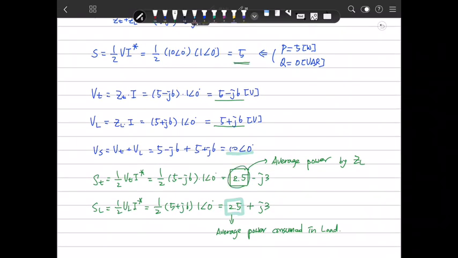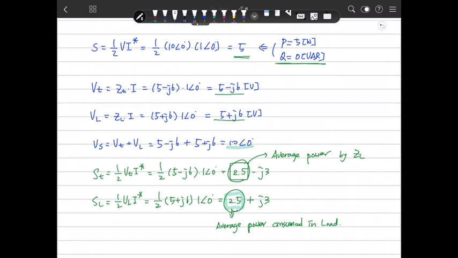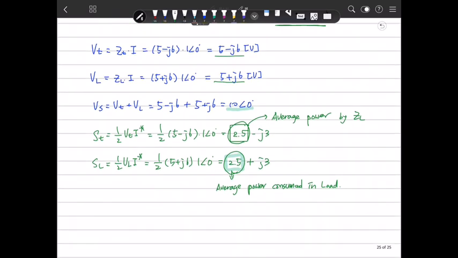Then, the source does not provide any reactive power, but the transmission line consumed minus 3 var and the load plus 3 var. So what's the meaning of that?